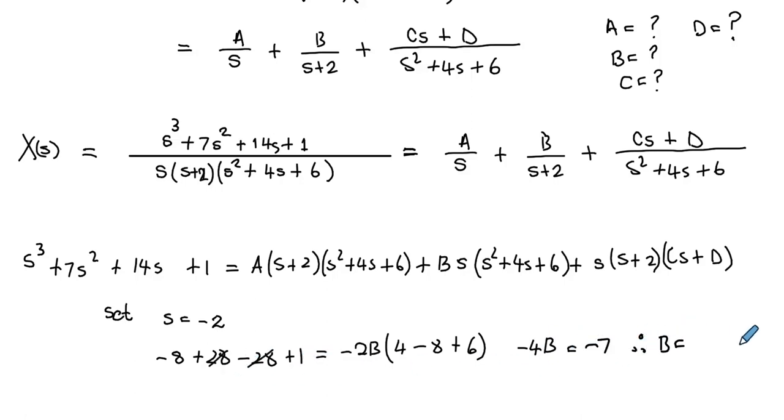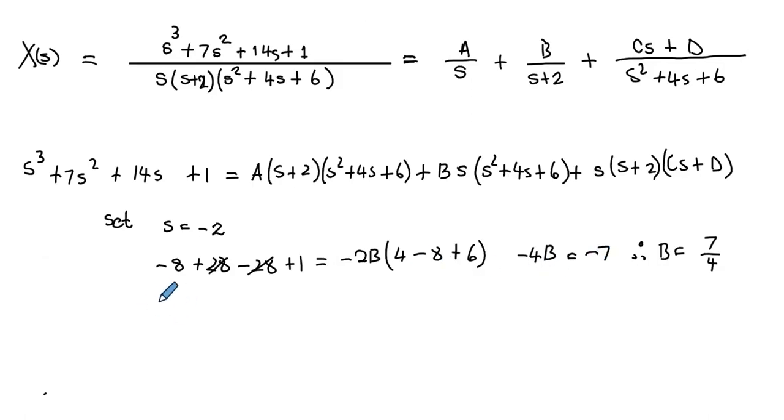Therefore, b is equal to 7 over 4. Proceeding, after working with s equal to minus 2, let's now consider s equals 0.